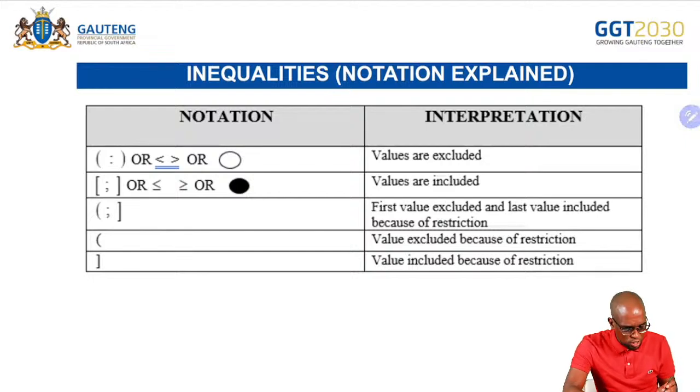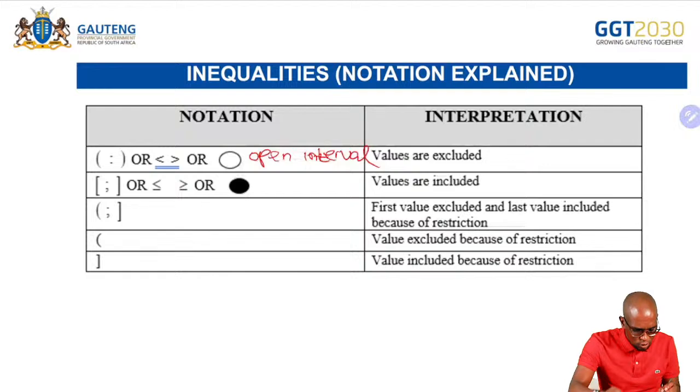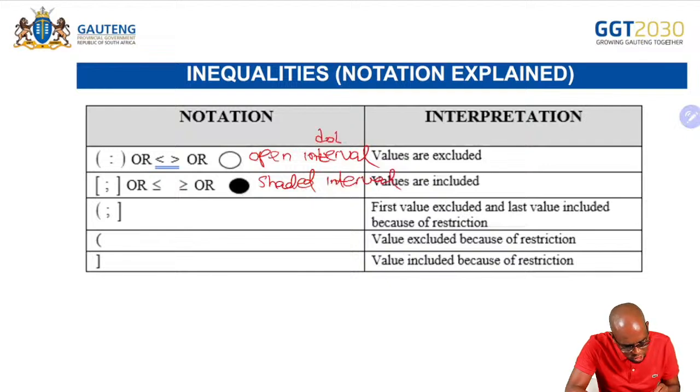And then also in the notation, we use an open interval for not included, and we use a shaded interval or shaded dot to show that the values are included.